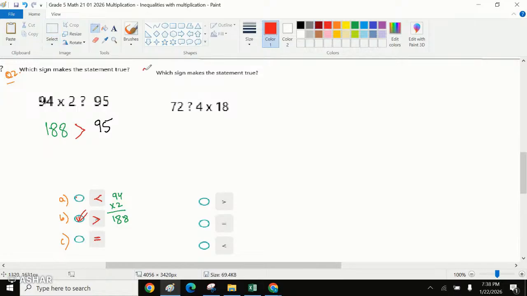In question number 3, it says 72 with a question mark, 4 multiplied by 18. So what should be the correct one? This was greater, this is equal, and this is less. Option A, B, or C?